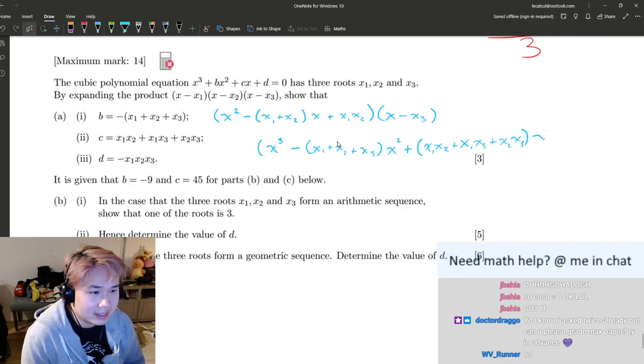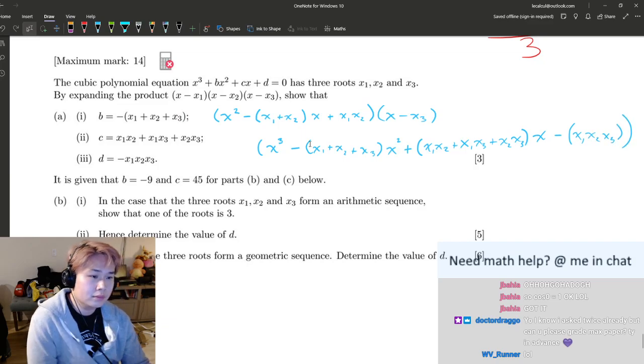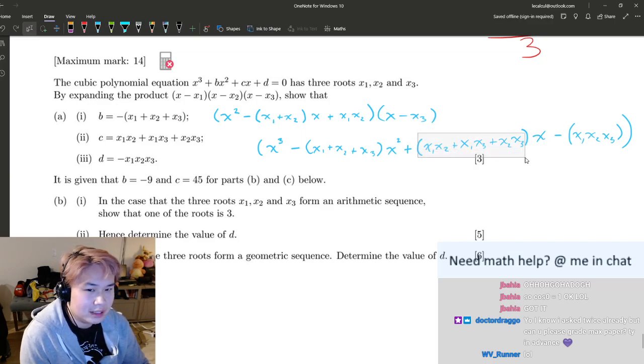Okay, if you expand this out, I think you get something like this. Actually, they just told you. So you can just pretend to expand it and then just write this. But there you go.